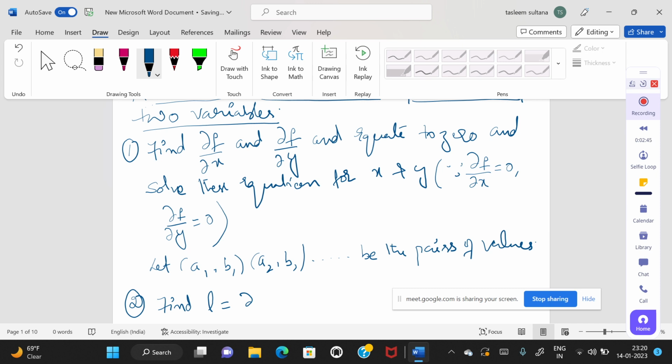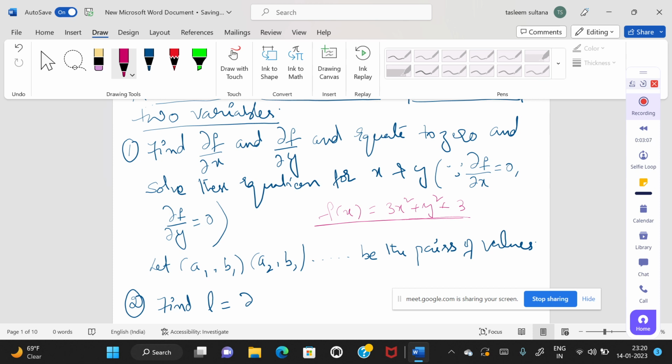Whatever equation is given to you, suppose it is given as some polynomial equation, f of x equals 3x square plus y square plus some constant. You are going to differentiate partially with respect to x and with respect to y.